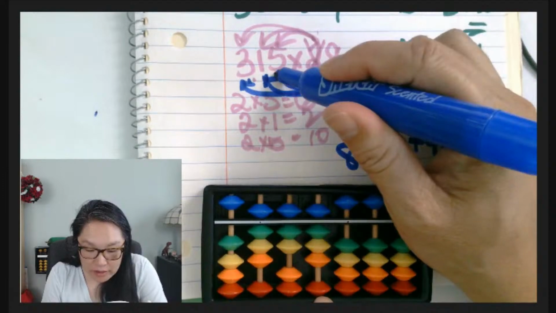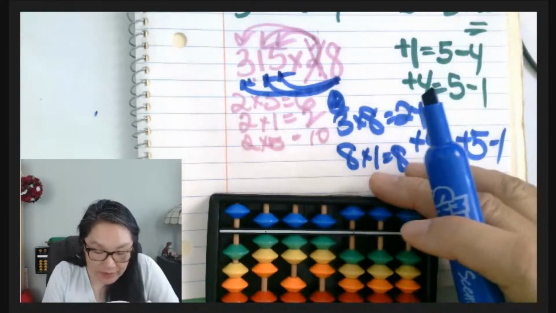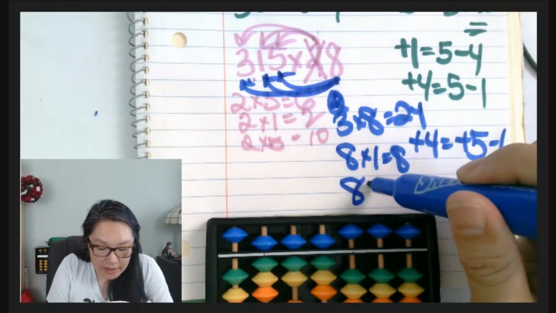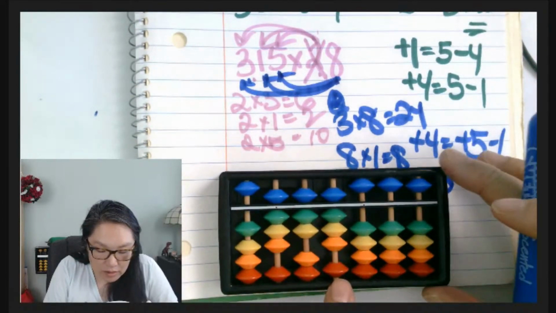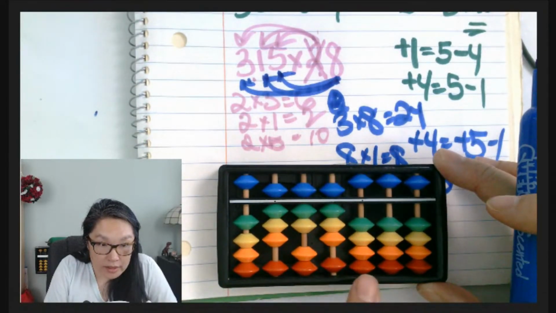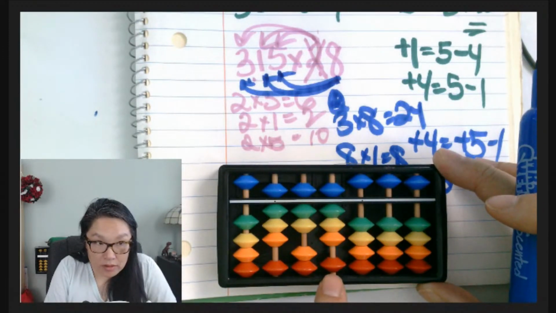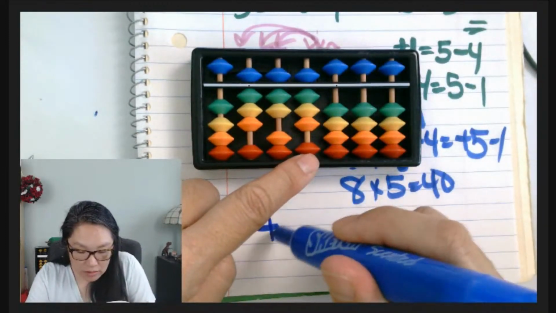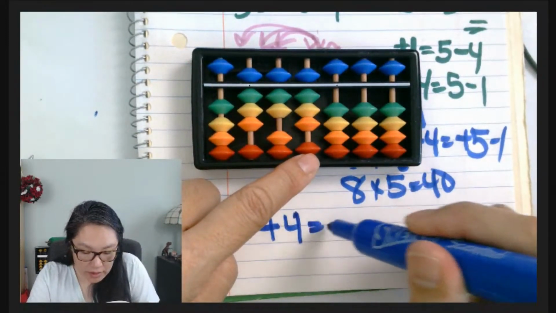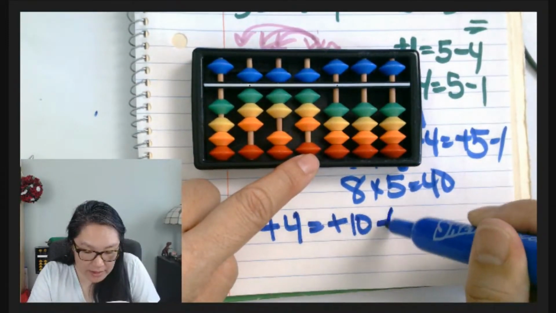And then my final one, 8 times 5. 8 times 5 is equal to 40. I add a 4, and I add a 0. There's not enough beads to add the 4, so what do? Plus the 4 equals plus 10 minus 6.